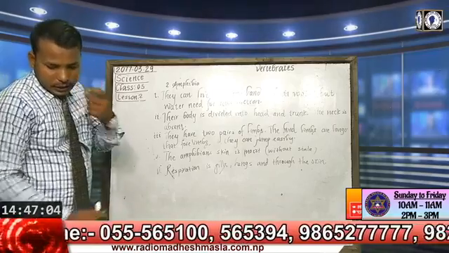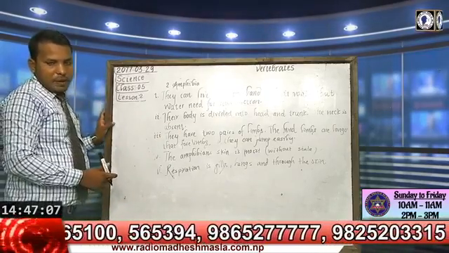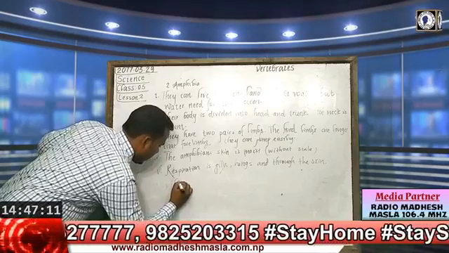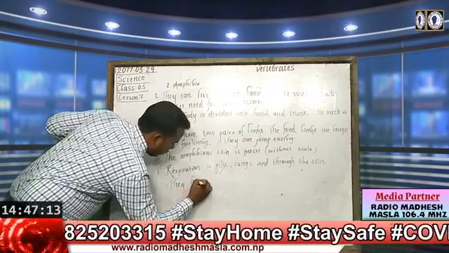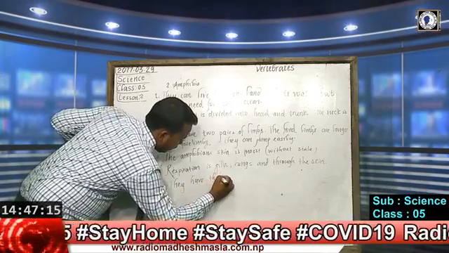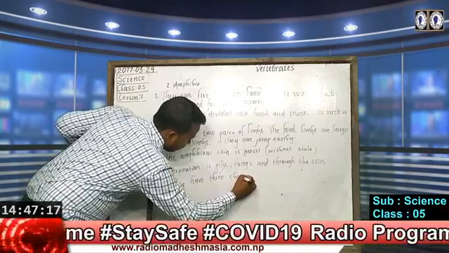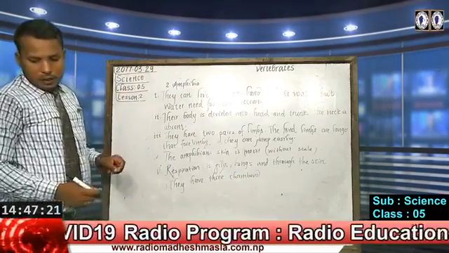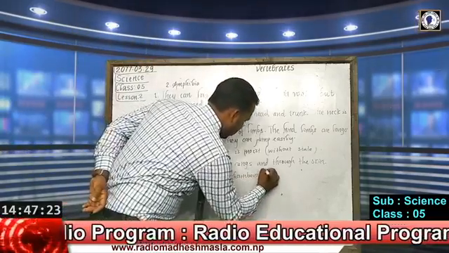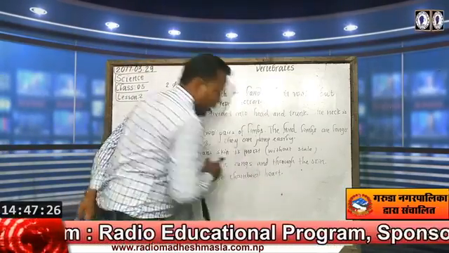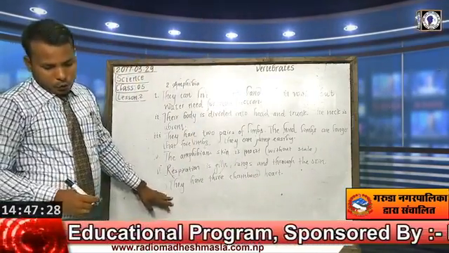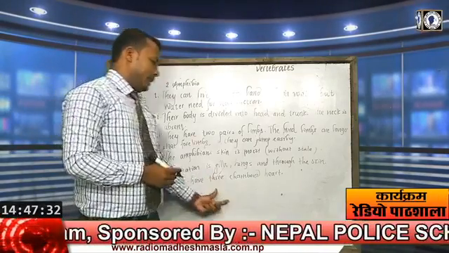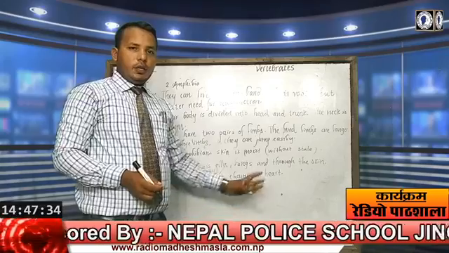They have a three chambered heart, two atria and one ventricle.